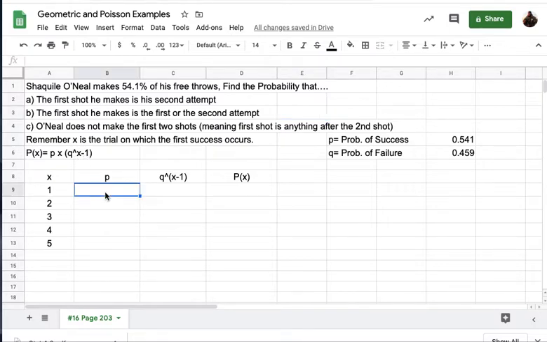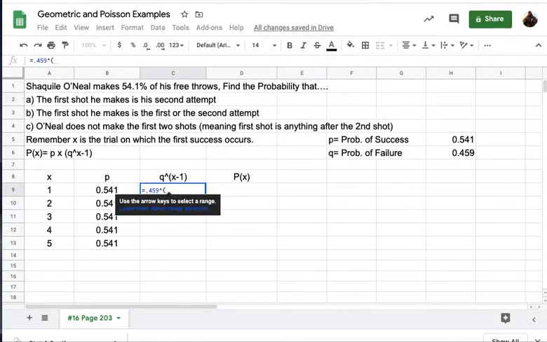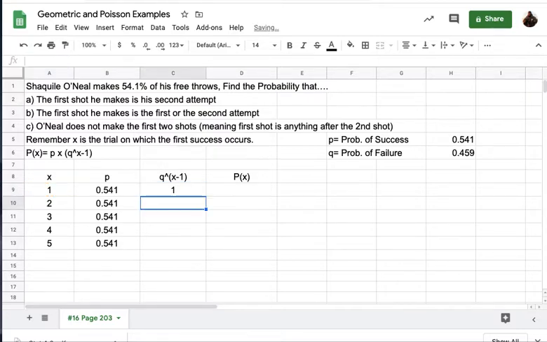So our p-value is going to remain the same for all of these, 0.541, and we'll just drag that right down. Our Q value, we'll go ahead and say equals 0.459 raised to the parenthesis, our X values are over here in list 1, minus 1. We'll hit enter.